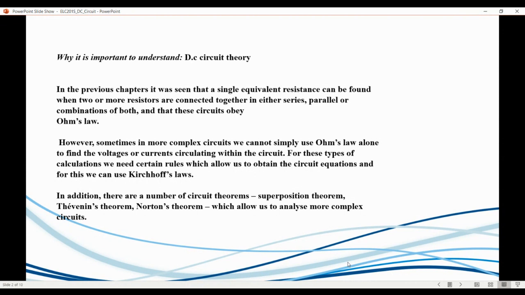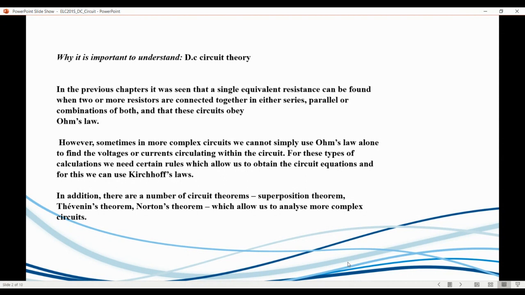But now, in more complex circuits, we cannot use Ohm's law alone to find voltage and currents. For these types, we use certain rules to obtain certain equations, and then we use Kirchhoff's law.